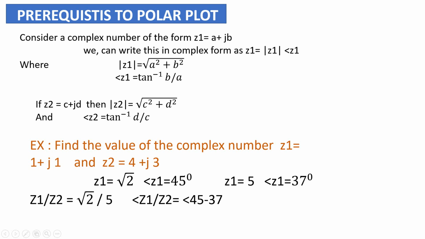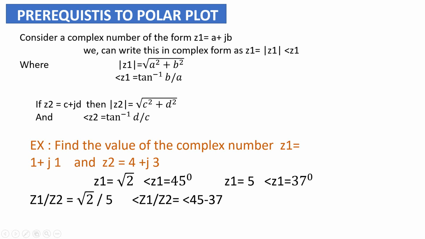We have the magnitude of Z2 as square root of 4 square plus 3 square, equal to 5, and the angle of Z2 is 37 degrees, that is tan inverse of 3 by 4. So the magnitude is square root of 2 by 5, and the angle of Z1 by Z2 is 45 minus 37 degrees.